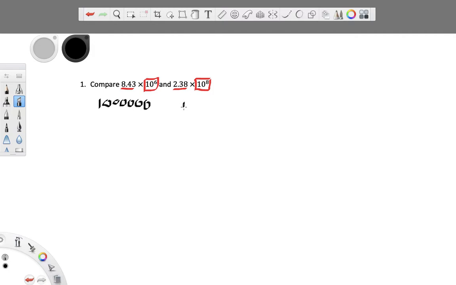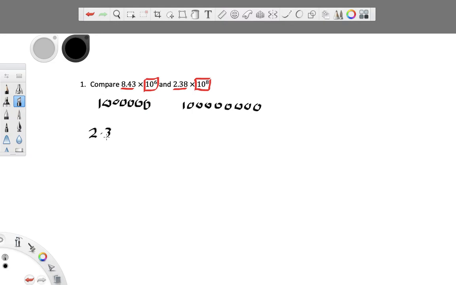And 10 to the 8 means that we have 1 times 0, 0, 0, 0, 0, 0, and then 2 more zeros. Felt like I was saying 0 forever there. So we can see that the number that we're multiplying by for this 2.38 figure here has far more zeros than the 10 to the 6, which must mean that the 2.38 times 10 to the 8 is the bigger number.